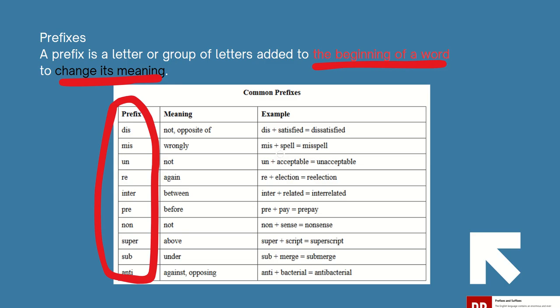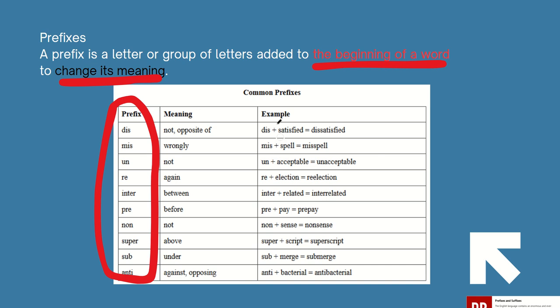Spell the word, for example. Can you spell your name? All right. And once the prefix mis is added, mis has the meaning wrong. So it is wrong spelling, right? Misspelling, so it means I spelled my name wrong, for example.